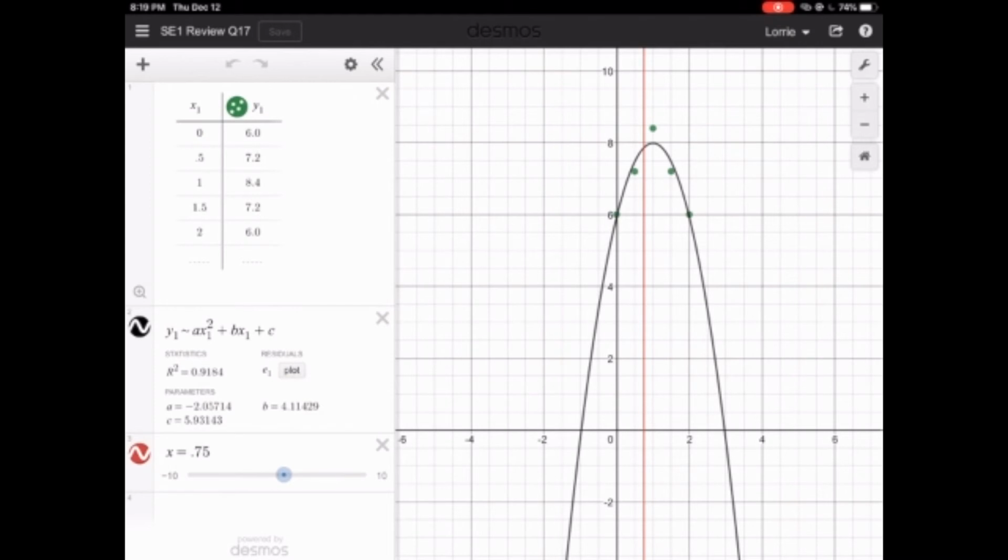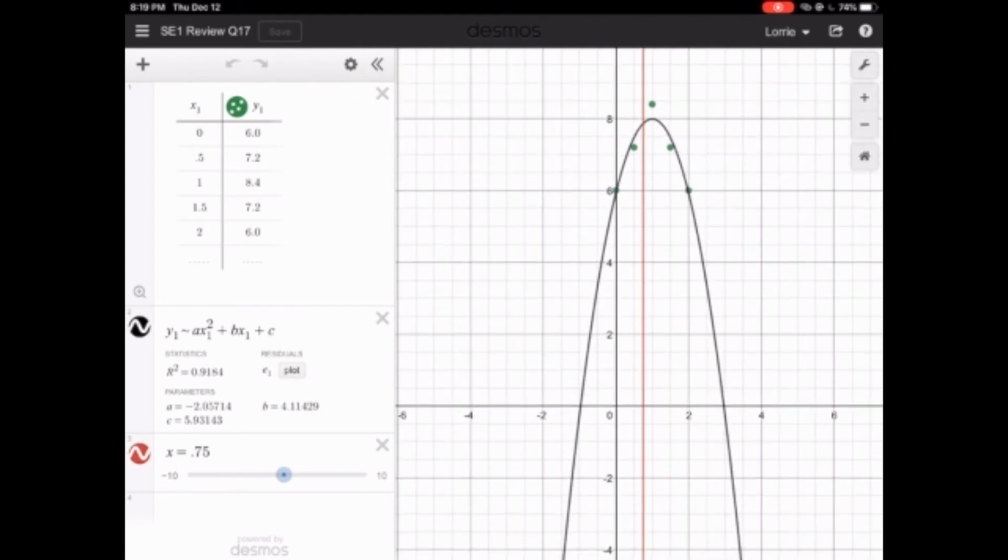So you put that little squiggle or tilde sign in order to get that. So those are the kind of funny things that we have to deal with there. And so once you put that in, you're going to get your a, b, and c values listed there as the parameters.